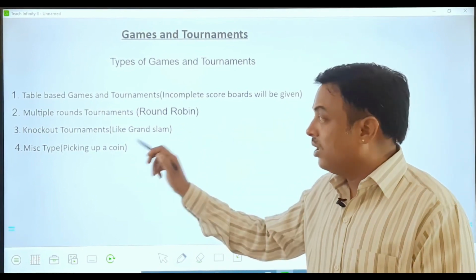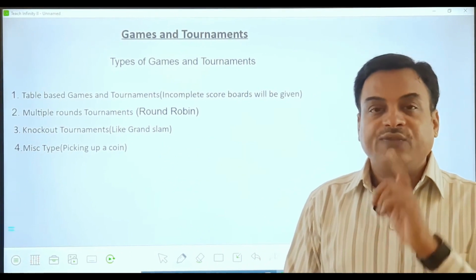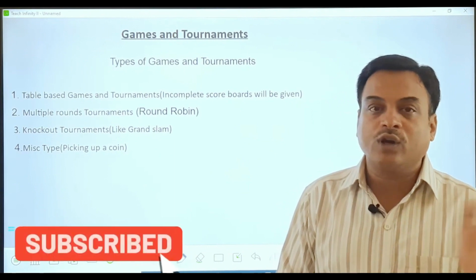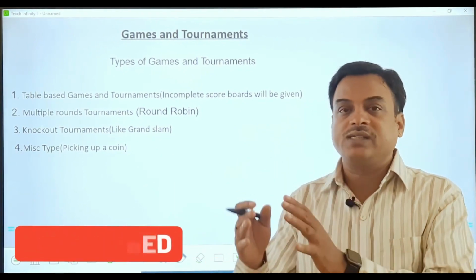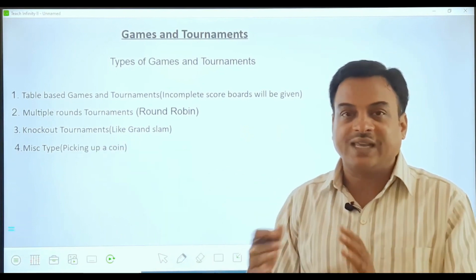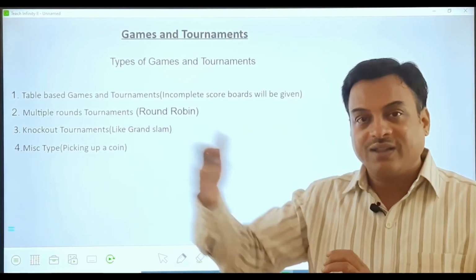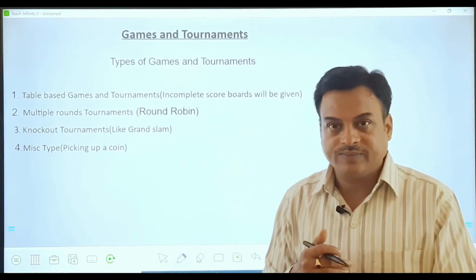The next one is called knockout tournaments. We all know knockout tournaments mean if you lose a match at any stage, you will be out of the tournament. There can be stages, stage 1, stage 2, stage 3, and so on, and the last 3 stages in reverse can be called finals, semi-finals and quarterfinals.